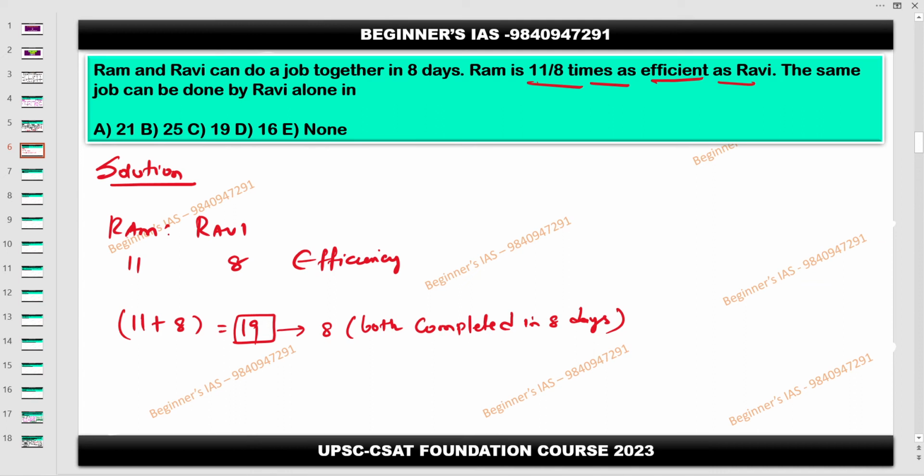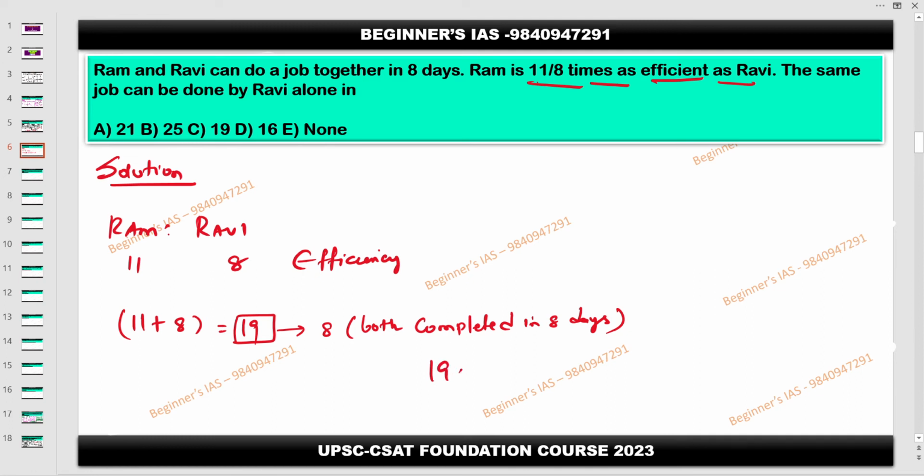You know the concept of efficiency and time taken. Since they are asking for the same job done by Ravi alone in how many days, we need to identify the time. What is the relation between efficiency and time? Inversely proportional.